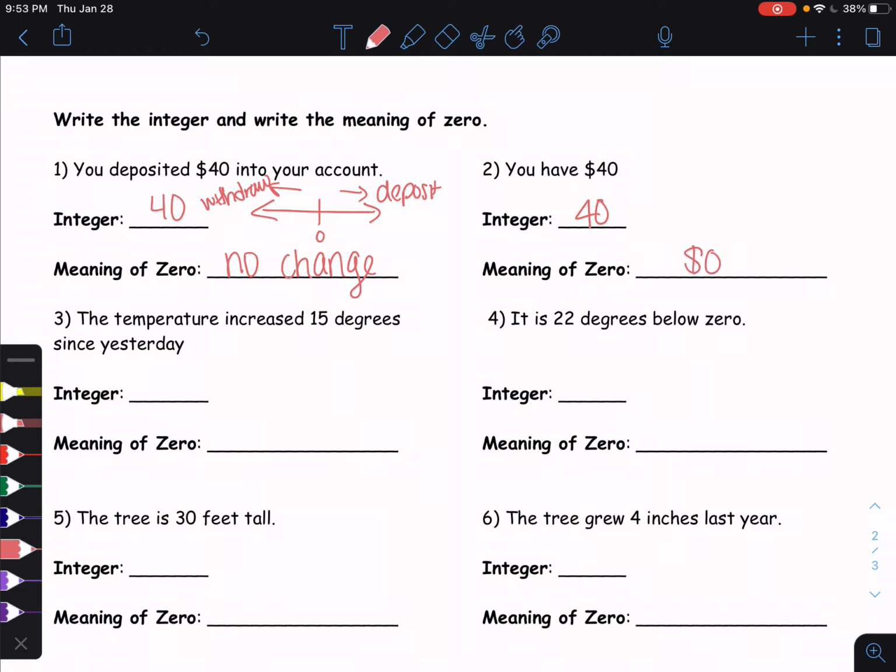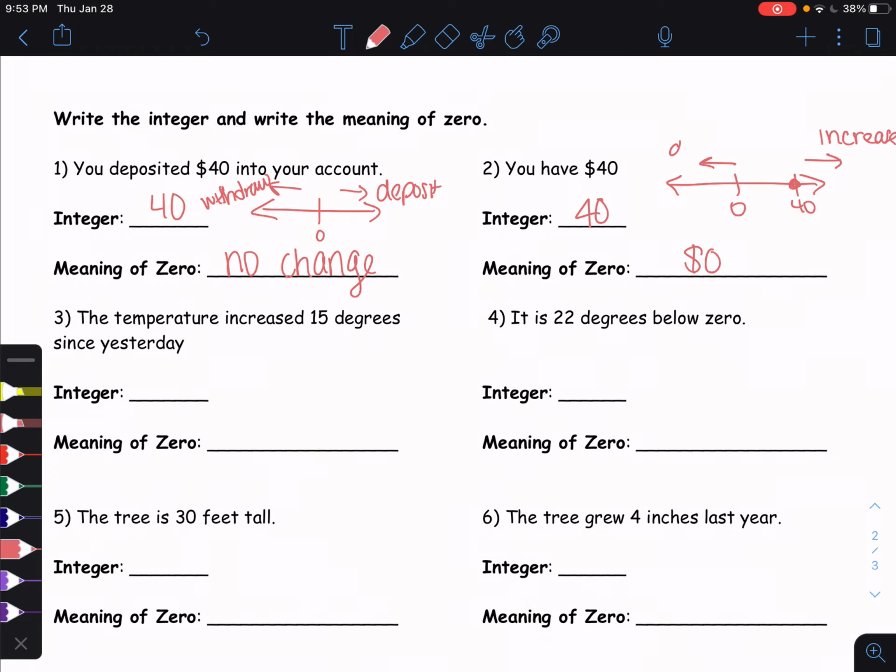Now, the reason why the meaning of 0 in this situation is $0 is if here is 0 and here's $40, I can increase the amount of money that I have, and I can decrease the amount of money that I have. But when I get to $0, I don't have any more money. So if I have $20, then I have $20. If I have $0, then I have $0.